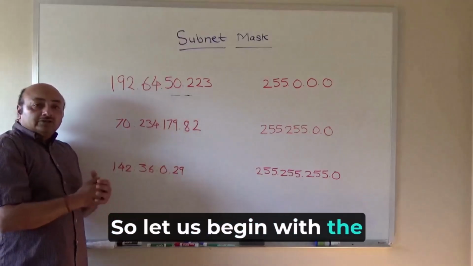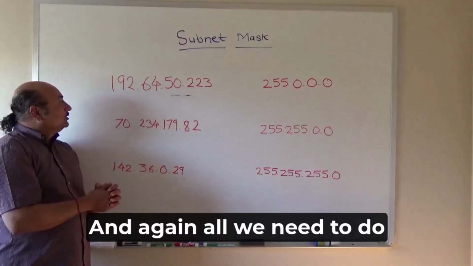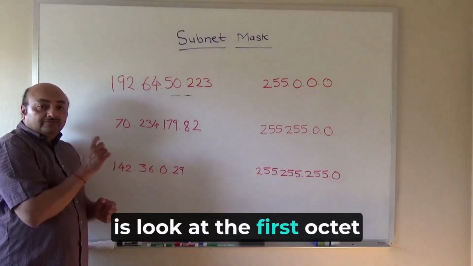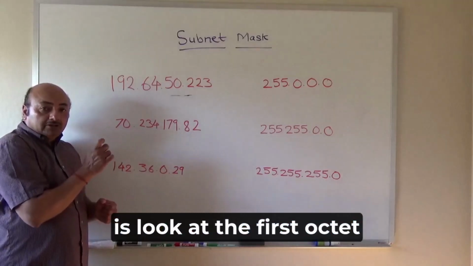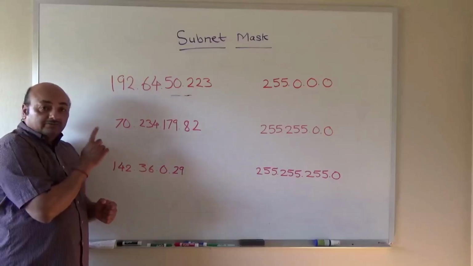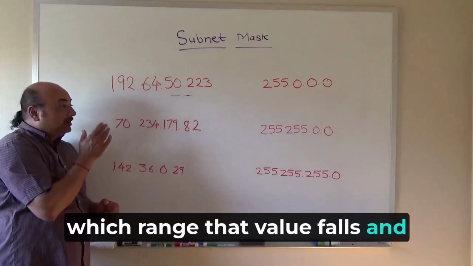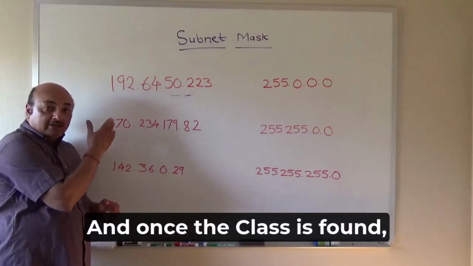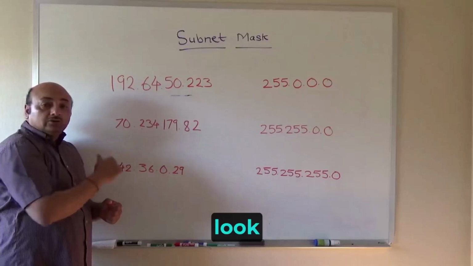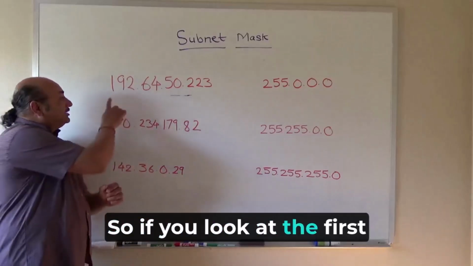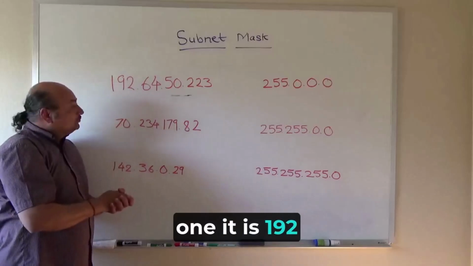Let us begin with the first IP address. All we need to do is look at the first octet of the IP address, check in which range that value falls and determine the class, and once the class is found, look for the corresponding subnet mask. If you look at the first one, it is 192.